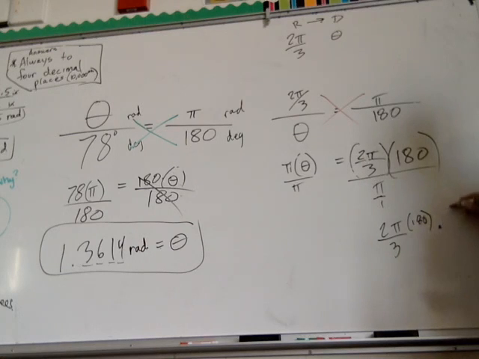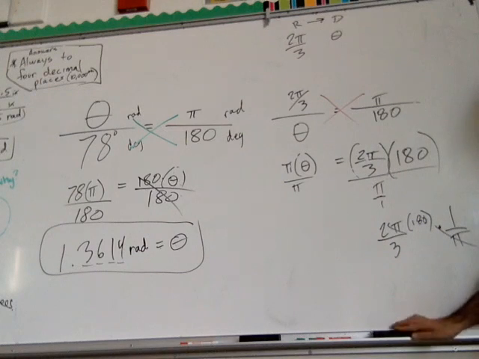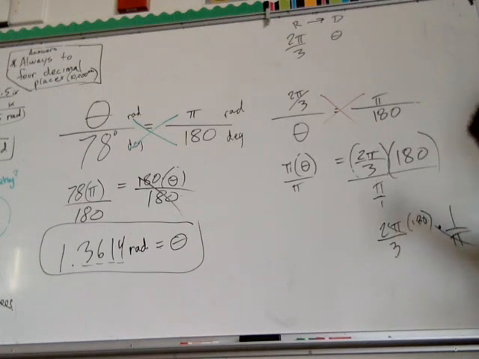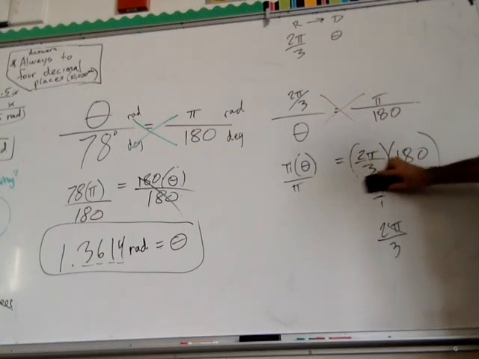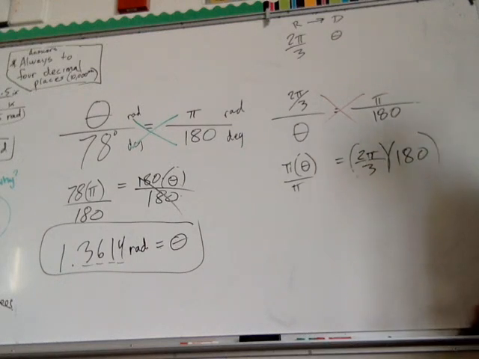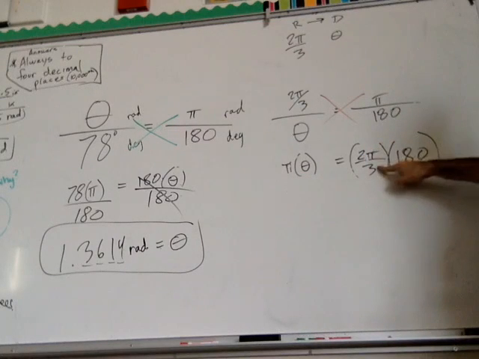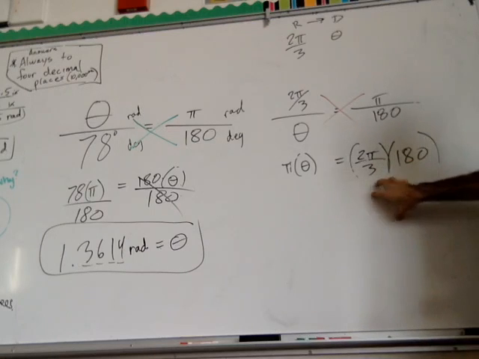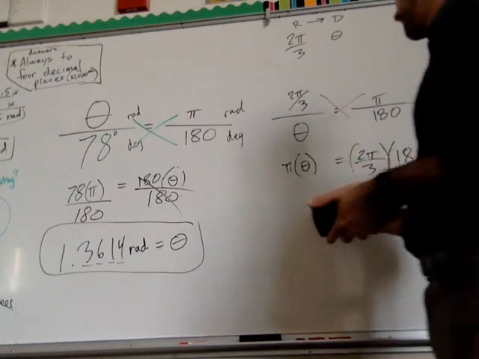We'd end up multiplying it by 1 over pi. Look what happens. It's like 2 conceptual steps to see how that actually happens. Don't worry, you can work it out the long way. All you would be doing is 2 pi times 180 divided by 3. That gets you a value. Pi times theta, so we divide by pi at the end and just work it out that way.